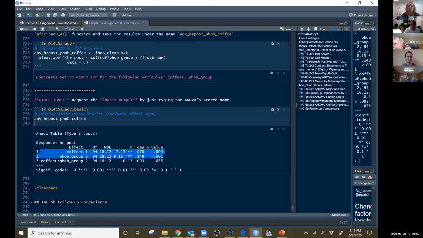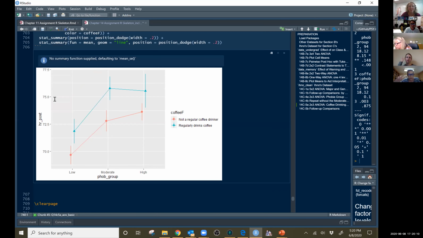Now, which of these two variables needs a follow-up test? How many groups are there in each of them? That's a good question. How many groups are in coffee? Well, phobia had 3. And in the last one we took out 1. Is that still applied here? We've left all 3 phobia groups in here.